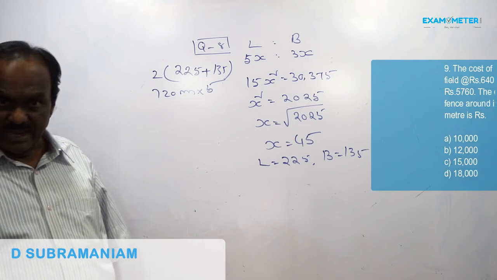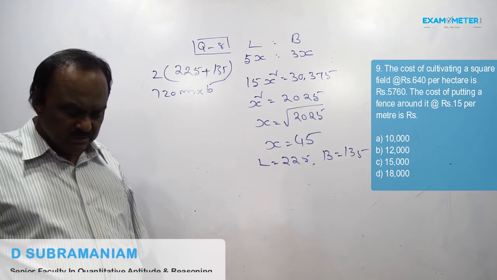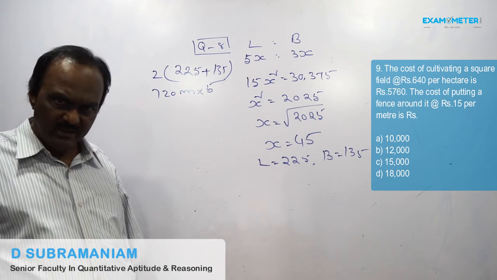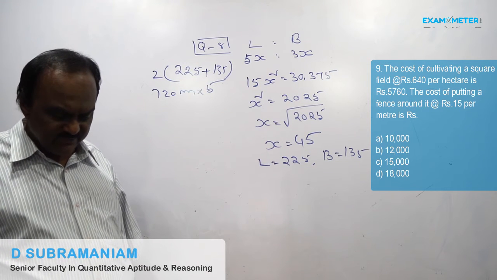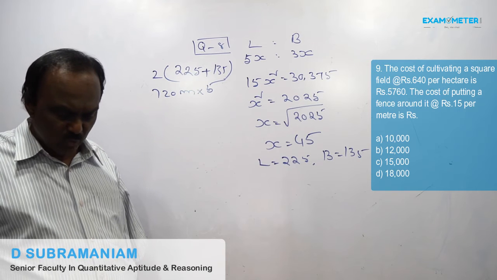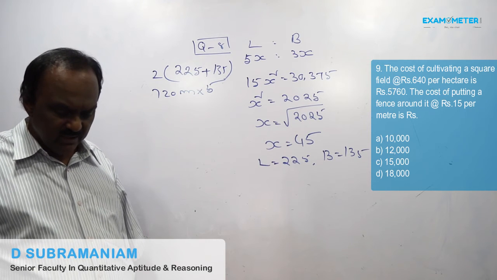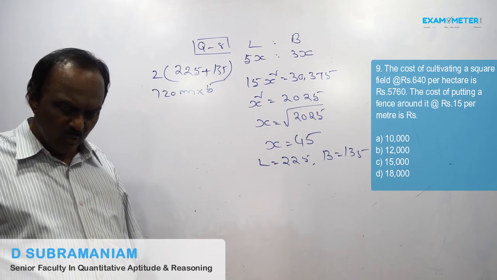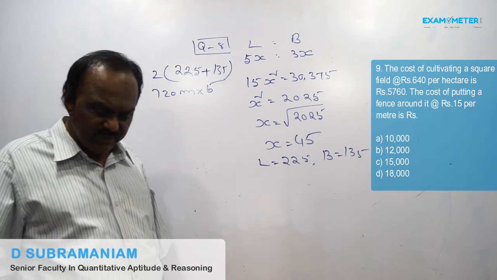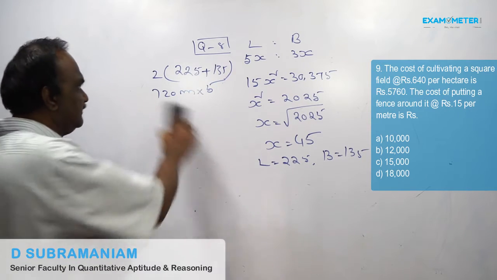Question number 9. If the cost of cultivating a square field at the rate of rupees 640 per hectare is rupees 5,760, the cost of putting a fence around it at the rate of rupees 15 per meter is rupees.